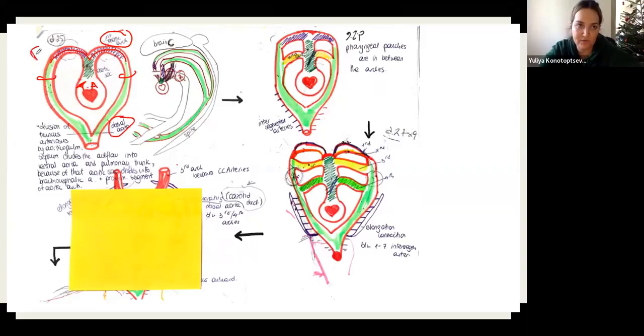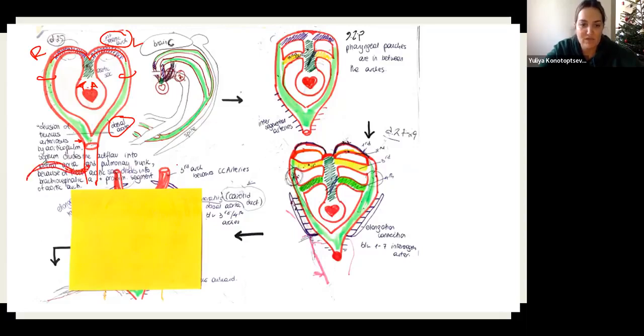We're going to call them dorsal aortas. This is going to be the right dorsal aorta. This is the left dorsal aorta. These aortas have arisen via vasculogenesis. In the tail region, the two dorsal aortas fuse together, and they provide a single dorsal aorta that continues a bit down. But one of the branches of the single dorsal aorta is the umbilical arteries.